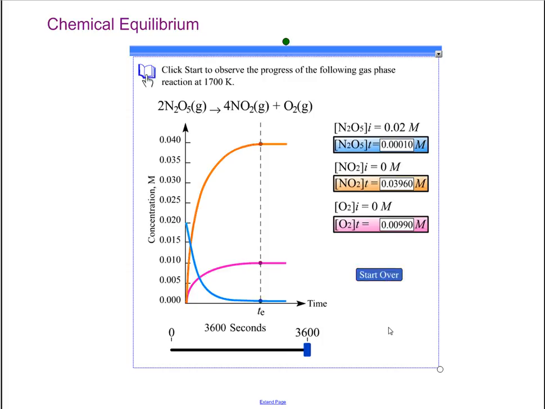Nothing. What that tells us is that at a macroscopic level, looking at the container, we do not see any changes. What you hopefully saw in the tutorial, and what you definitely saw before in the last slide, is that the reaction continues to happen in both directions, but we don't see any macroscopic changes.